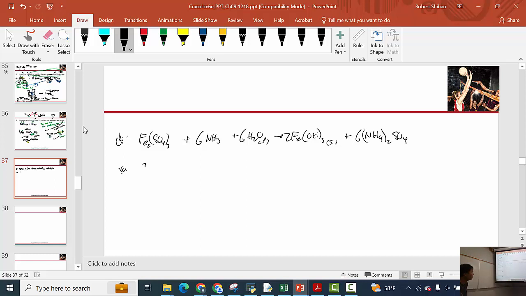Iron 2 plus? Or iron 3 plus? Oh, it's iron 3 plus. How many do we need? 2. So we get 2 iron 3 plus, plus sulfate. How many sulfates? 3.